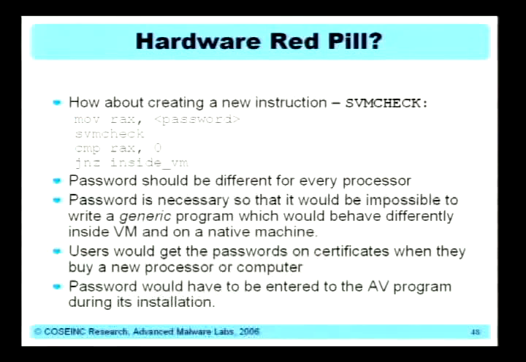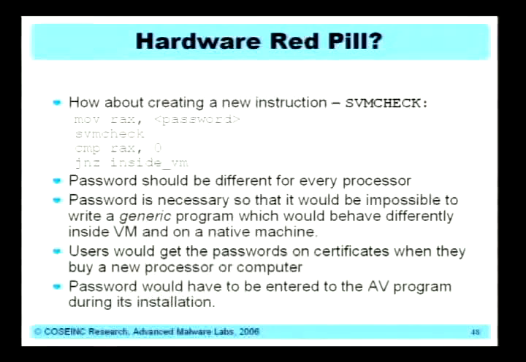Another solution which I've thought of is to introduce another instruction, let's say SVM check, that takes some kind of unique password, unique for a specific machine, and returns whether you're inside a VM or outside a VM. In my opinion, it's necessary to have this password, because if we didn't have it, then we wouldn't have full virtualization, right?